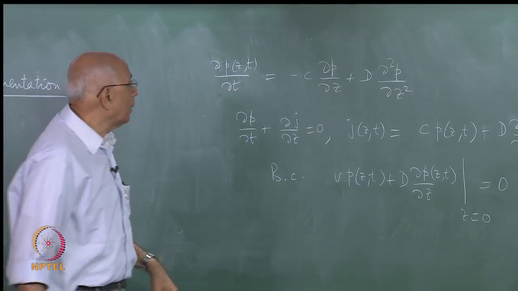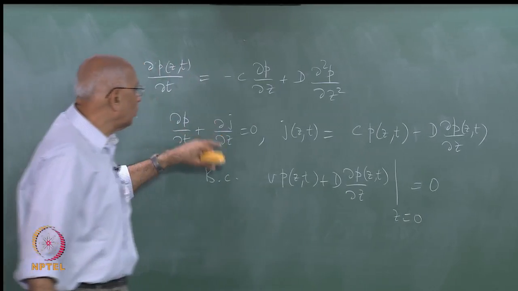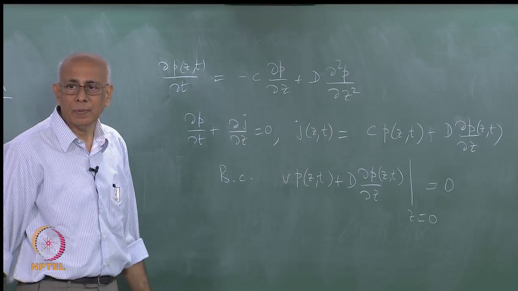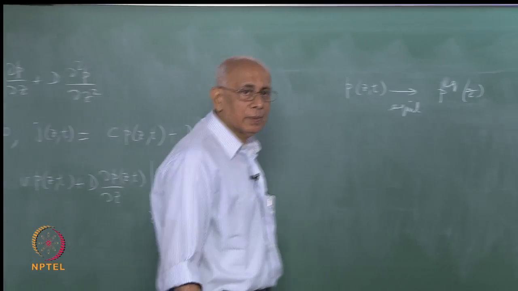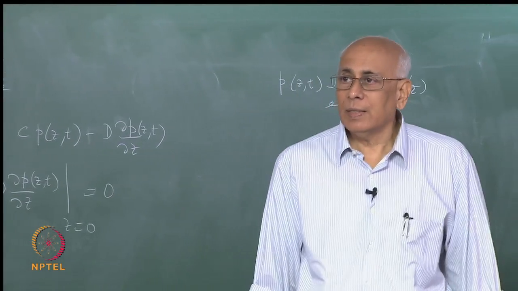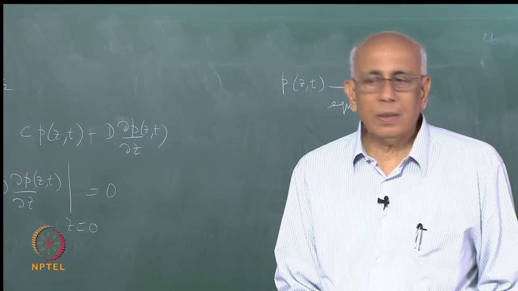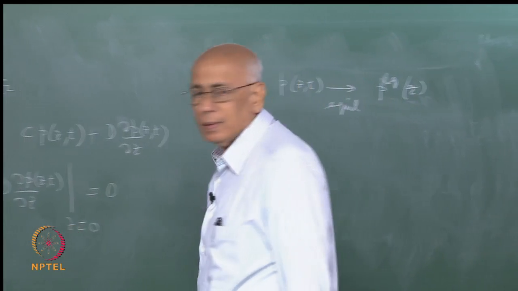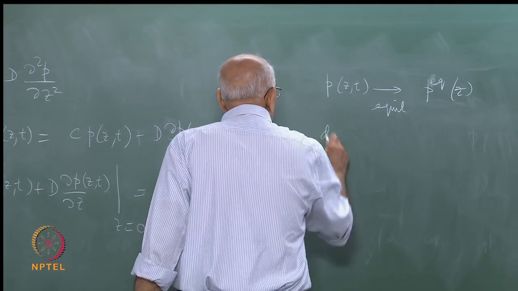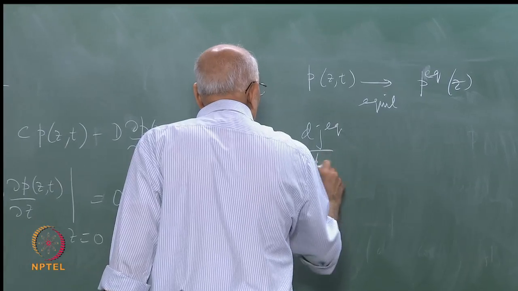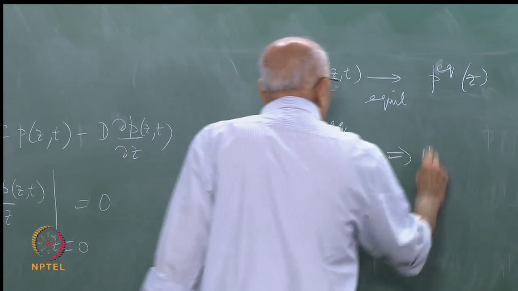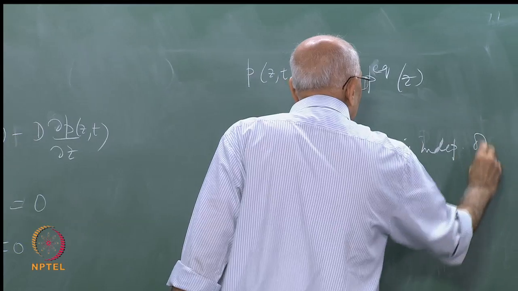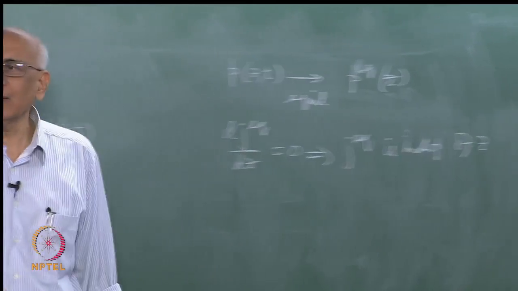And then the equation simply says d over dz of J equilibrium is equal to 0, right. But what does that imply? It says that the current is independent of z completely.